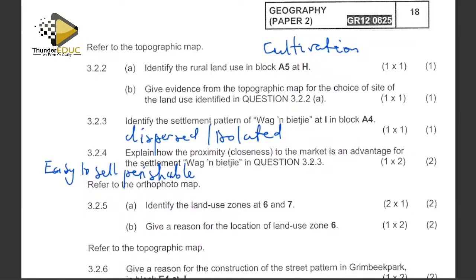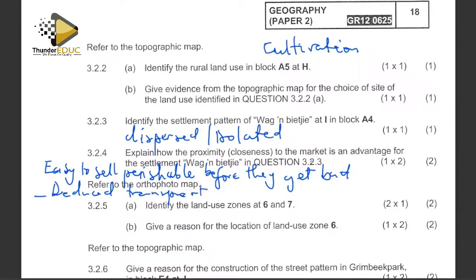It becomes easy for them to sell perishables before they go bad. Because they are close to the market, they can easily access it and sell perishable products from the cultivation. And also, we can say it's an advantage because of reduced transport costs. The closer you are to the market, the cheaper it becomes to transport products to the market. So it's an advantage on their side that they save on transport costs.